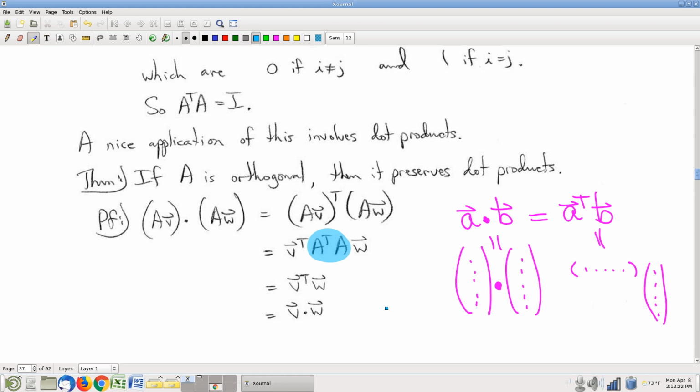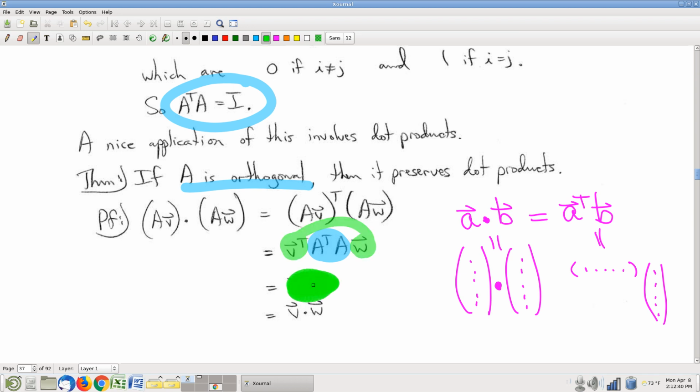A transpose A: don't forget A is orthogonal, and we just got through proving that for an orthogonal matrix, A transpose A is the identity. So that little product in the middle disappears in a puff of smoke, leaving us only with V transpose W, which because of that formula is V dot W as required. And that's all there is to it. It's just a direct calculation to show that this is the case.